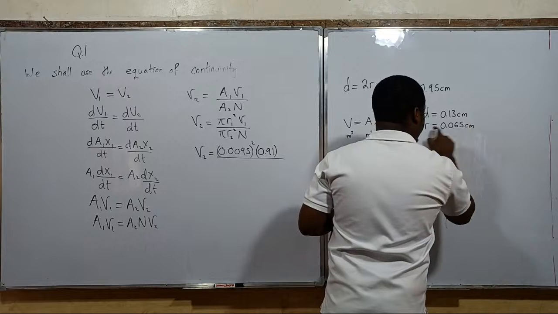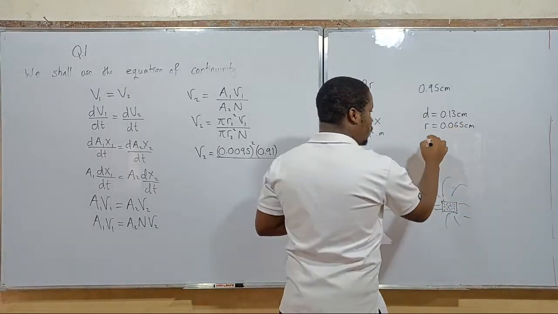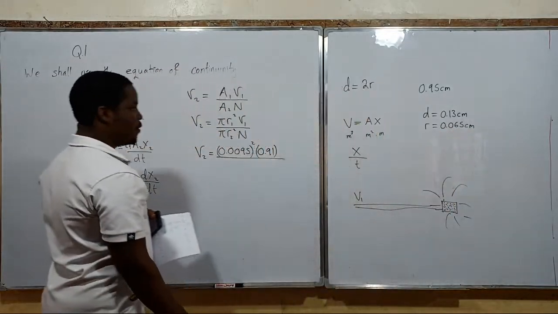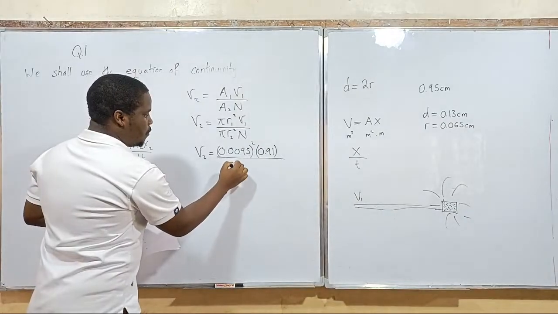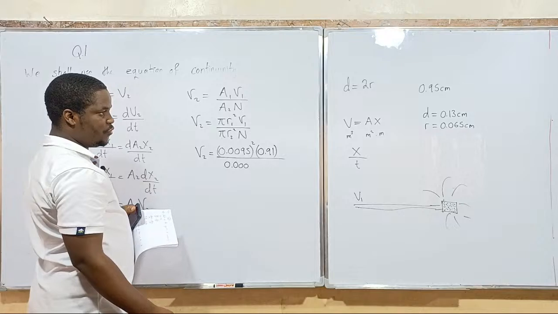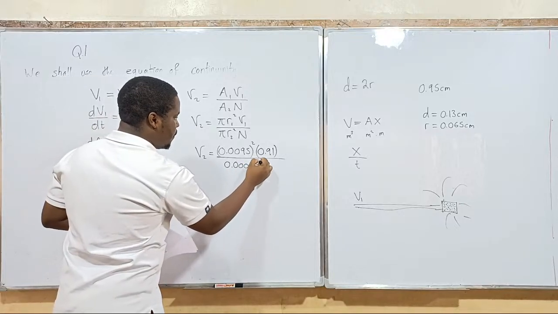Now this is the radius, but remember this is in centimeters. We want it in meters, so divide this value by 100. So we should get 0.00065, or times 10 to the power negative 4 or something.